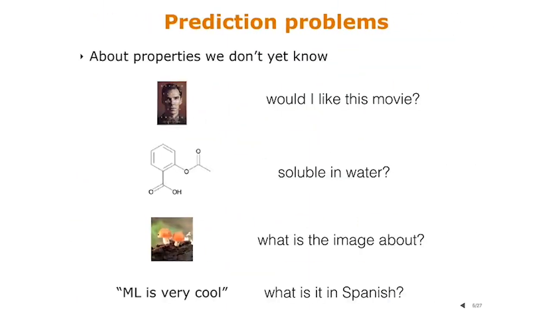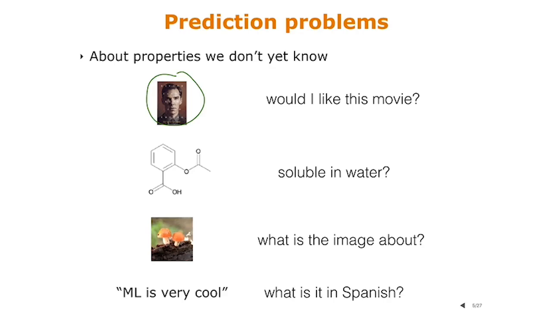Now, there are other types of predictions that you can make, not only about events that are about to occur, but about properties you do not yet know. For example, I can take a movie and ask whether you would like this movie. That is a prediction of a property of a movie, whether you like it or not, that I can learn to predict.